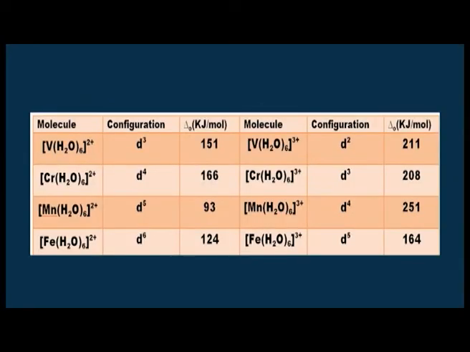Some values of crystal field splitting energy are given here in the table on your screen. In some cases, splitting increases by 100% going down the group. As a result of this high crystal field splitting, almost all the complexes of the second and third transition series form low spin complexes.